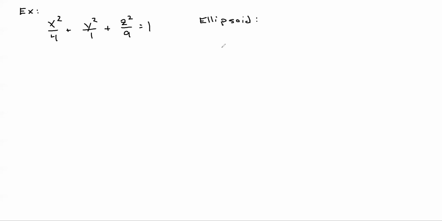And the format of an ellipsoid looks like this: x squared over a squared plus y squared over b squared plus z squared over c squared equals 1.